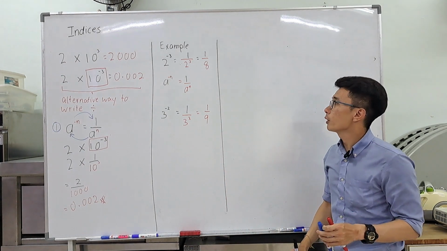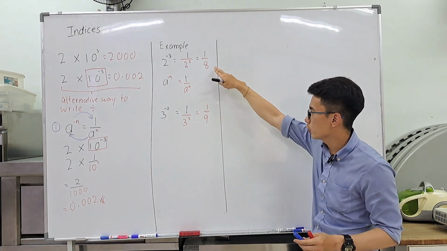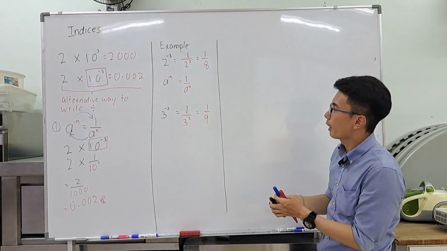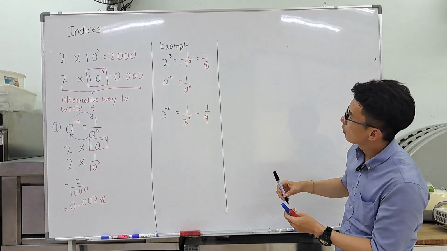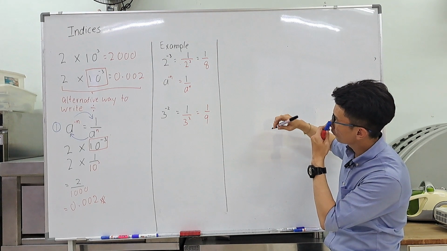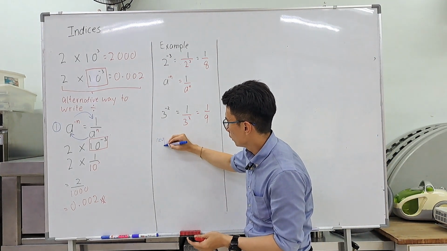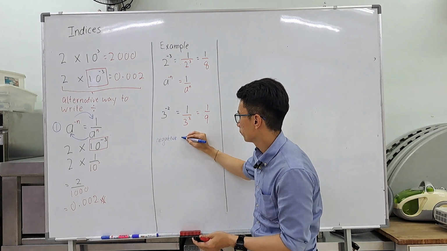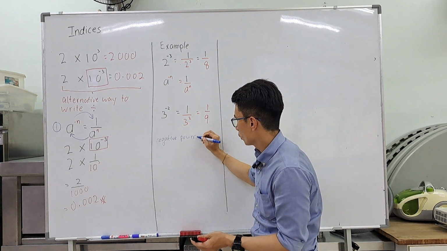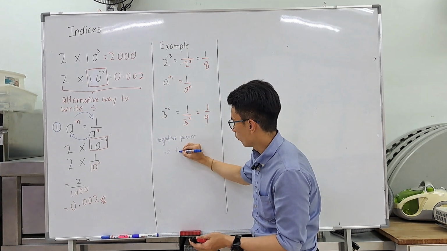Now, next example over here, I'm going to use back the same question so you all can compare it directly. What I did just now over here, it's a negative power to a fraction.